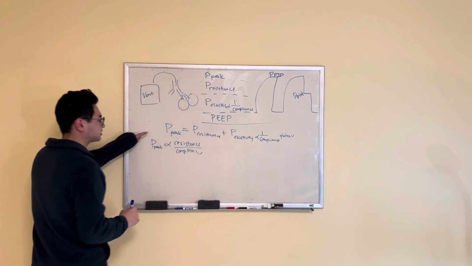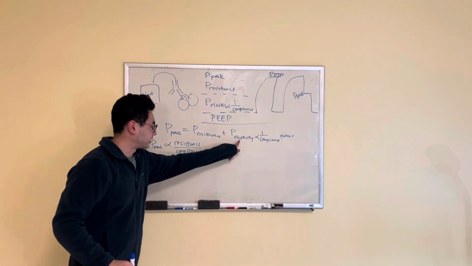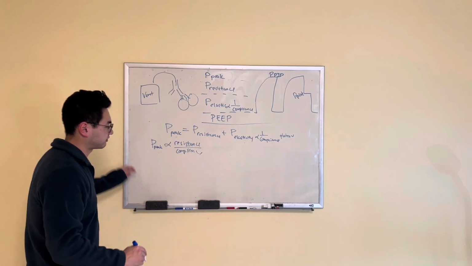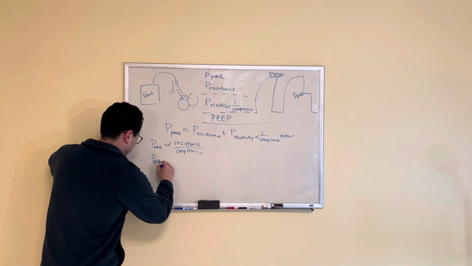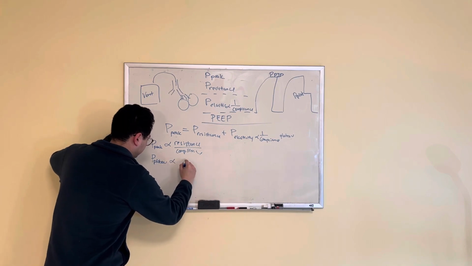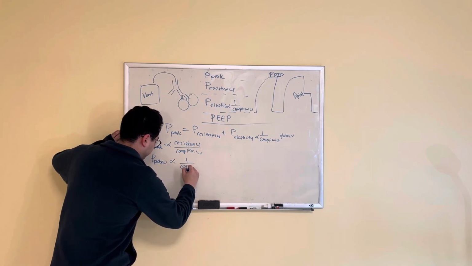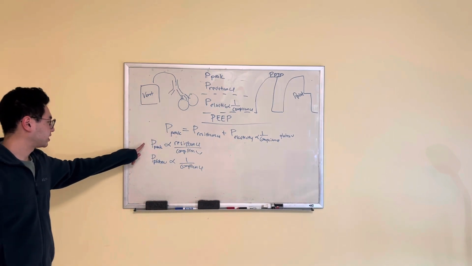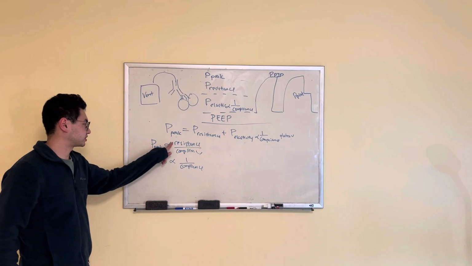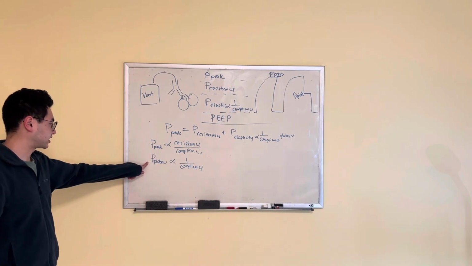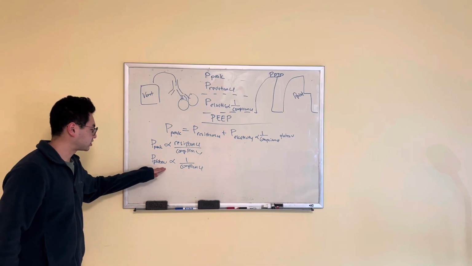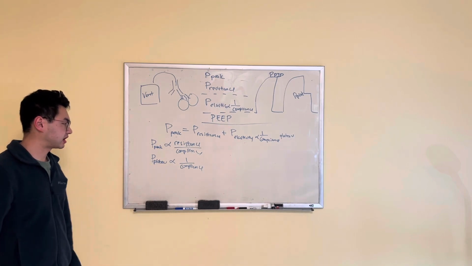And what we've also showed is that this plateau pressure is inversely related to the compliance. So first I'm going to show that the peak pressure is related to both the resistance and the compliance, and naturally it'll follow that the plateau pressure is only related to the compliance.